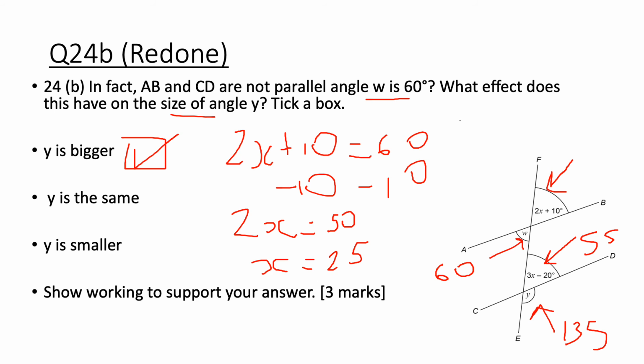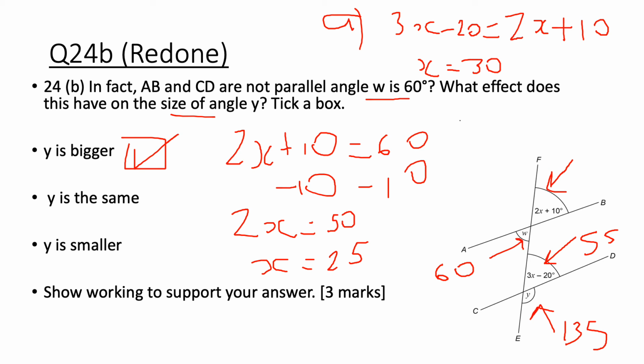So from part A, it was solving 3x minus 20 equals 2x plus 10. So we got x equals 30 for that. So from part A, my value of y was 90, 70, 140.